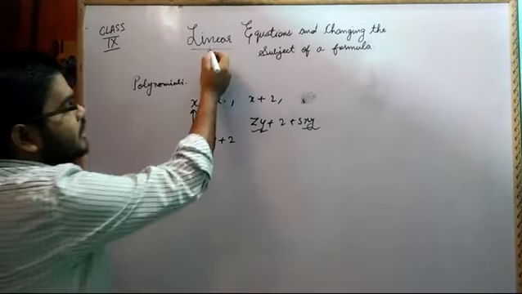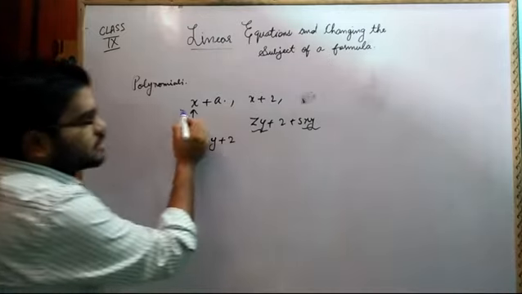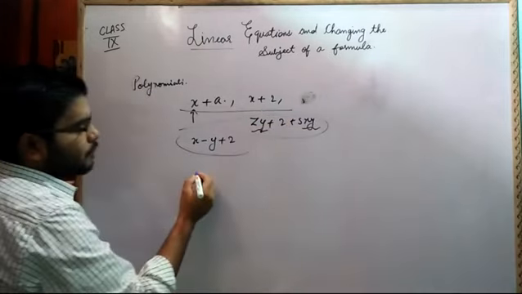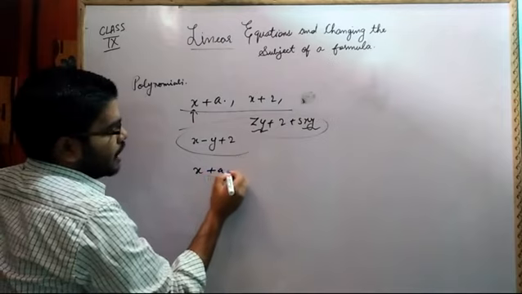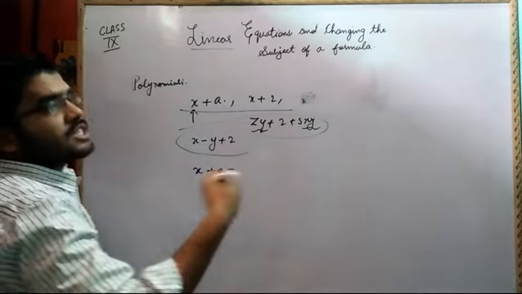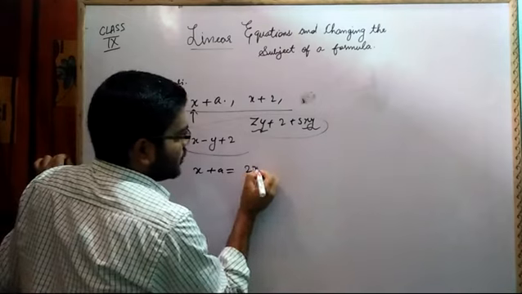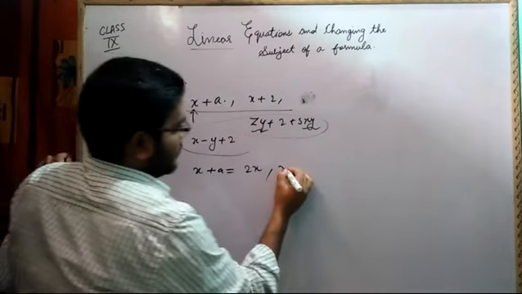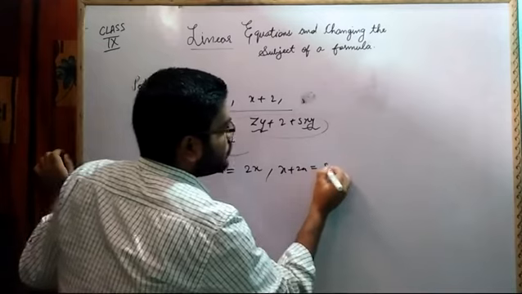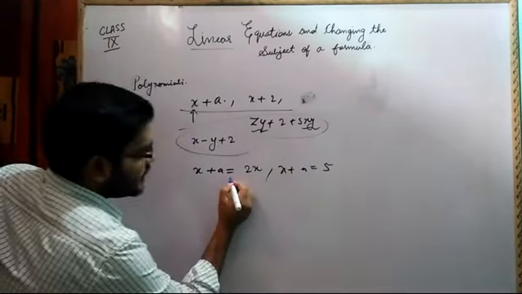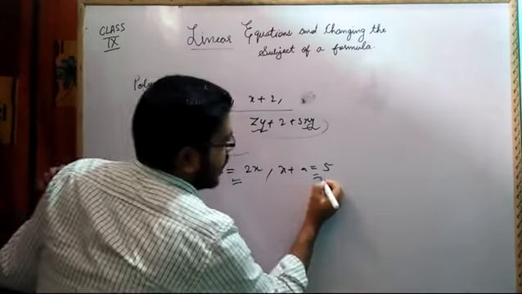So here the word linear is coming. These all are polynomials, right? When these polynomials are equated with a certain value, let's say I am writing 2x, or x plus a is equal to 5, the equal to symbol has come here.